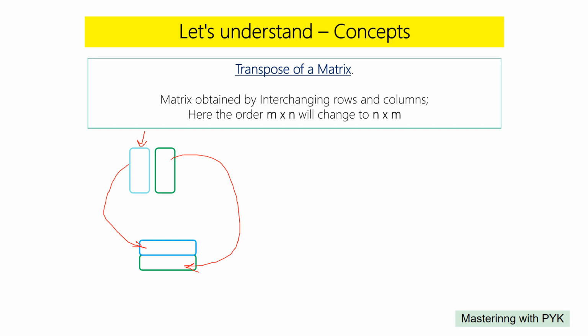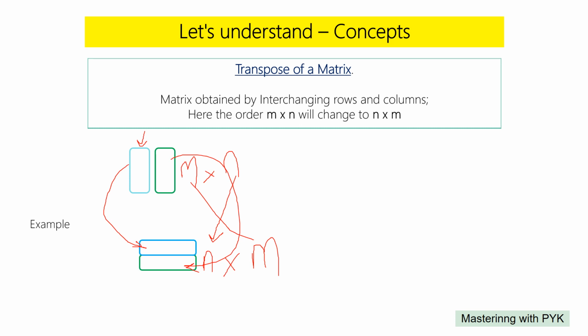So the order here was m multiply n. This means the row represented by m will become the column when we transpose, and the column would become the row. So this is known as transpose of a matrix.